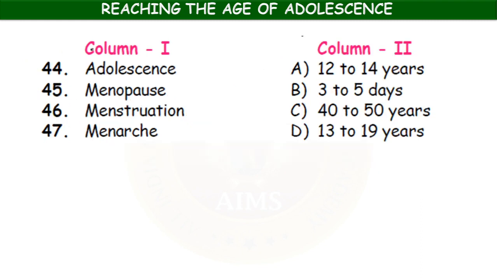Next, adolescence is the period between 12 to 14. Menopause, the age between 40 to 50.